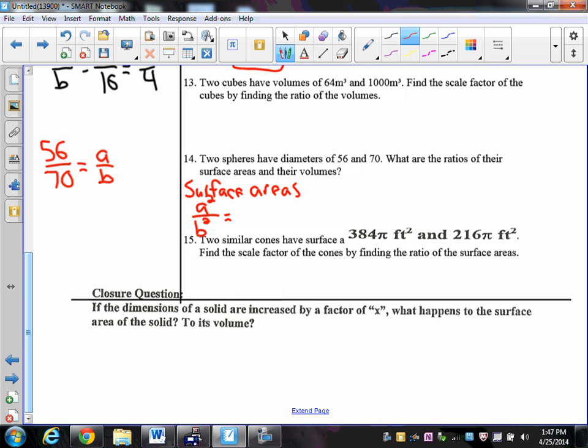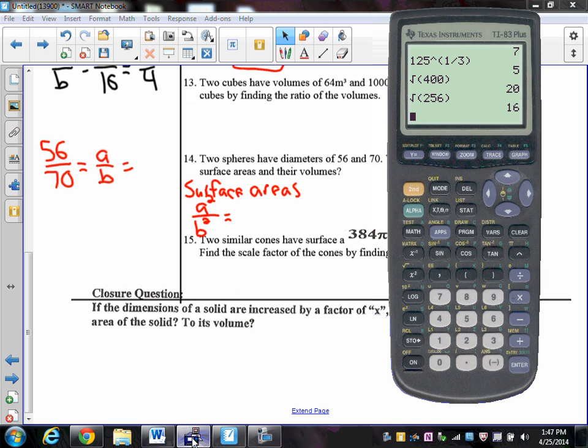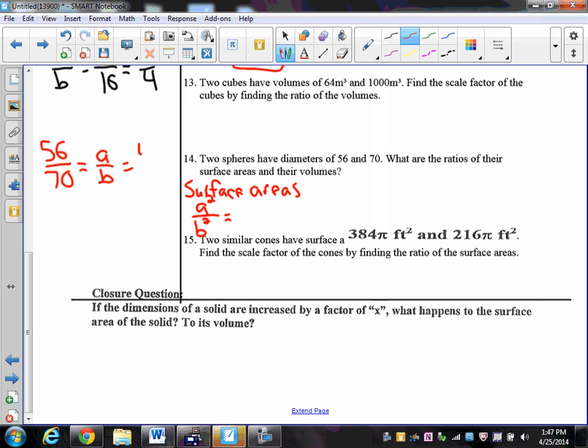Before I go there, let's simplify 56 over 70. We could do it the other way, but it's going to be a lot less complicated whenever we change it into a fraction. So the surface areas are going to be 4 squared over 5 squared, which is going to be a ratio of 16 over 25.